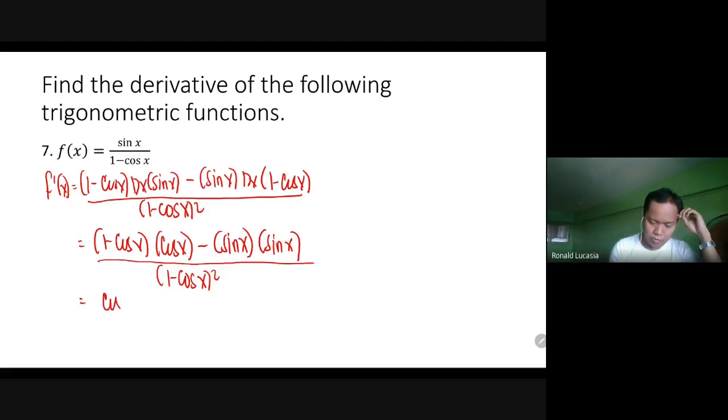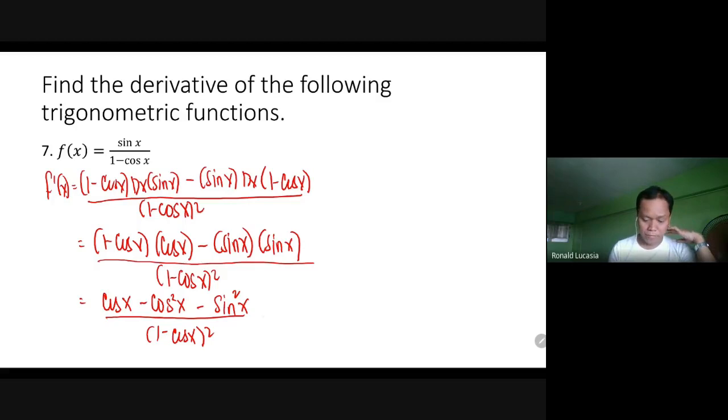Distribute natin, this will be 1 times cosine x, that's cosine x, cosine x times cosine x, that's negative cosine squared x, minus sine x, sine squared x rather, over 1 minus cosine x quantity squared. Ito ay pwede pa natin siyang mas-simplify.